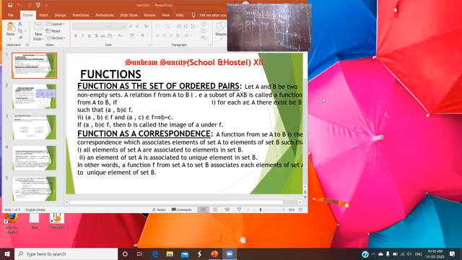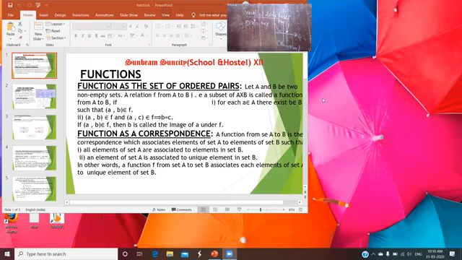Types of function. Your first type is the one-one function, also known as the injective function. A function f from x to y is said to be one-one if different elements of x have different images in y. What does it mean?